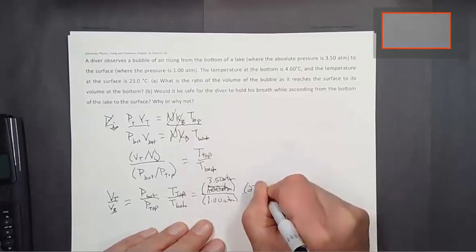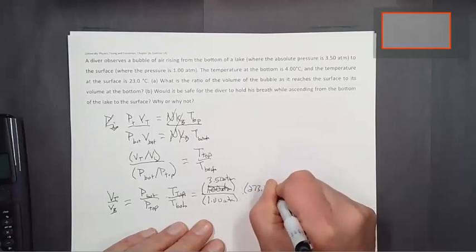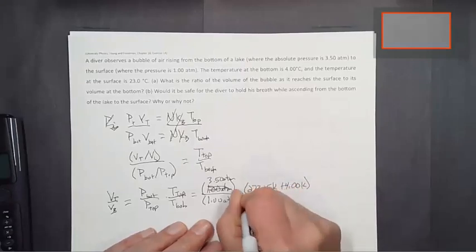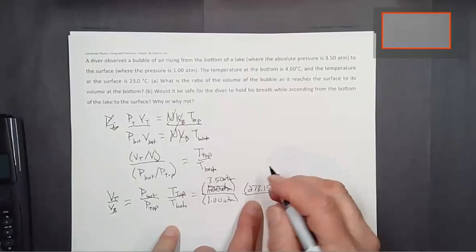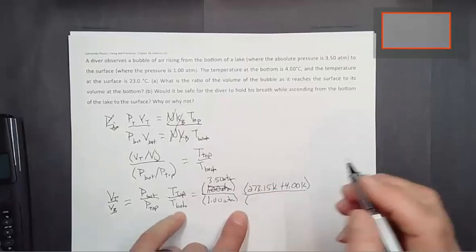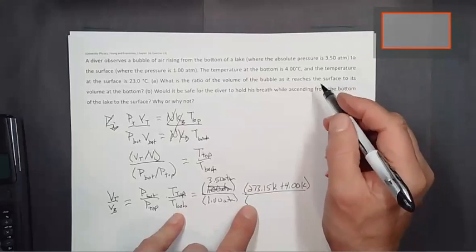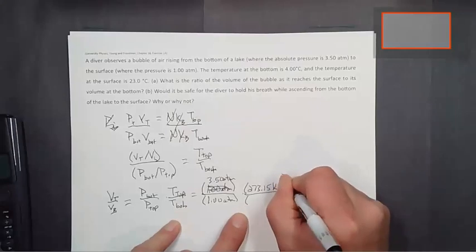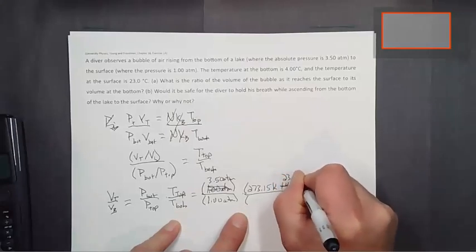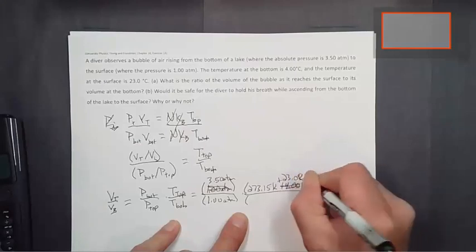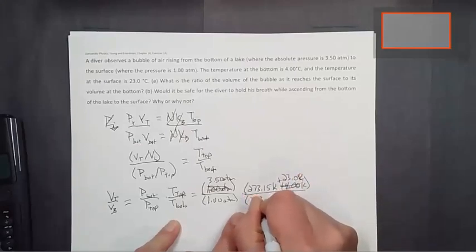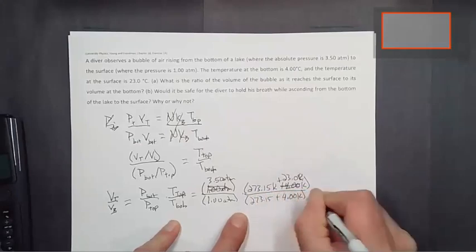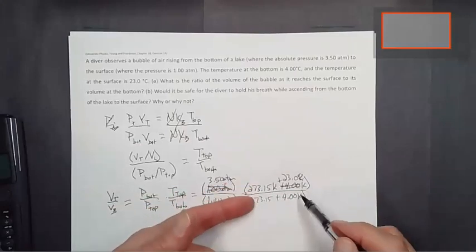You could think of it as 273.15 if you want to, not that we have enough significant figures to justify worrying about that. Whoops, I wanted the temperature at the top here: 23.0. Actually, it's the temperature at the bottom that's 273.15 plus 4.00 Kelvin. So this is going to be bigger than 1.